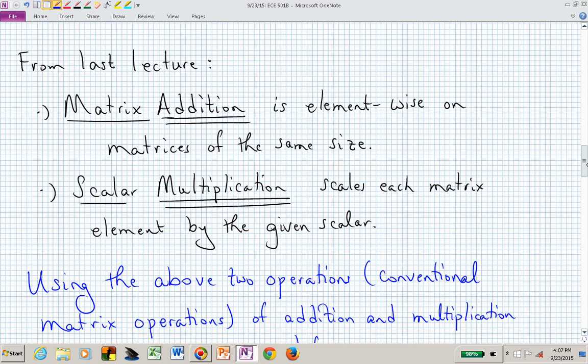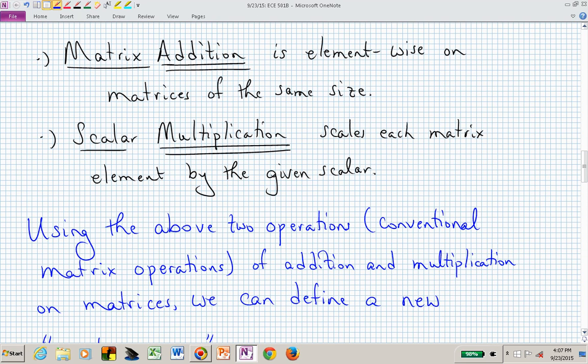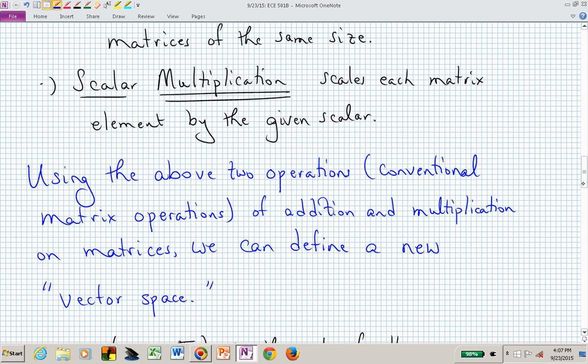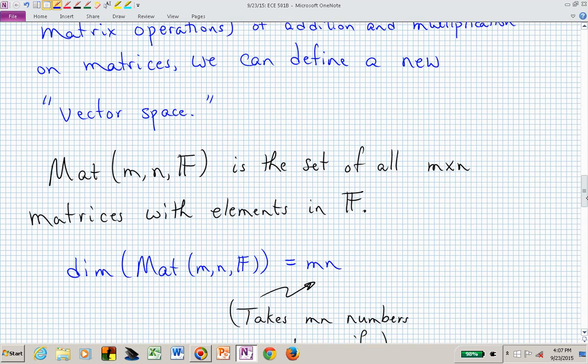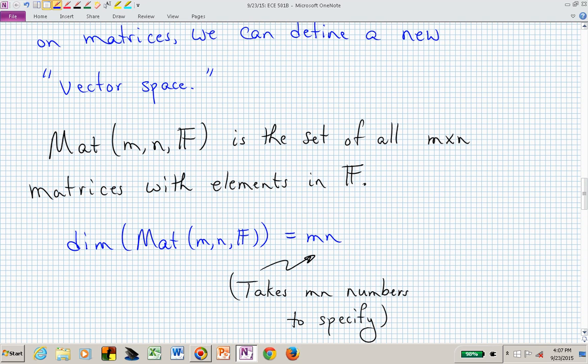Using matrix addition, which is element-wise, and scalar multiplication of a matrix, which just scales all of the elements in that matrix by the appropriate scalar, with the set of matrices defined as F^(m,n), meaning all of the elements in the matrix that's m rows by n columns in dimension come from F, and in here we're using F to be either R or C. That could be real numbers or complex numbers.